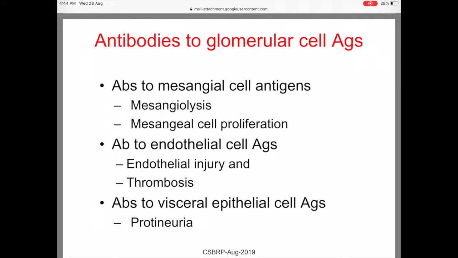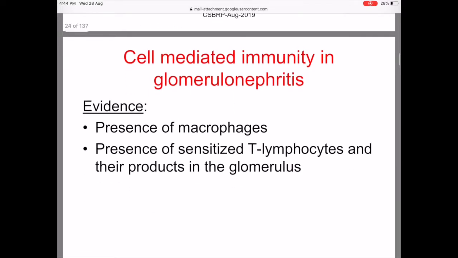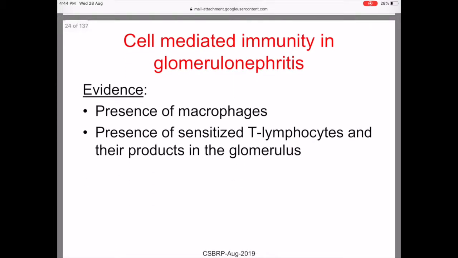Visceral epithelial cell injury may result in heavy proteinuria. So cell-mediated immunity may play a role in some of the glomerular diseases. The evidence is the presence of macrophages in the glomeruli in such cases, and also demonstration of T lymphocytes in the glomerular products.